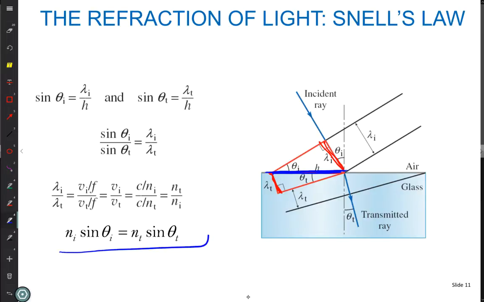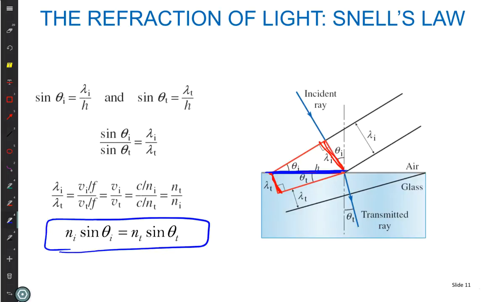And it gets you down to this relationship that says the index of refraction in medium 1 multiplied by the sine of the angle between the normal and the light ray in medium 1 is equal to the index of refraction in medium 2 times the sine of the angle between the normal and the light ray in medium 2. It doesn't matter if you're coming or going. That's Snell's law. That tells us how the light is going to refract. What did the word refract mean? Bend.